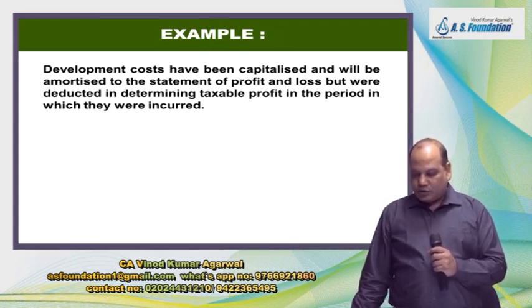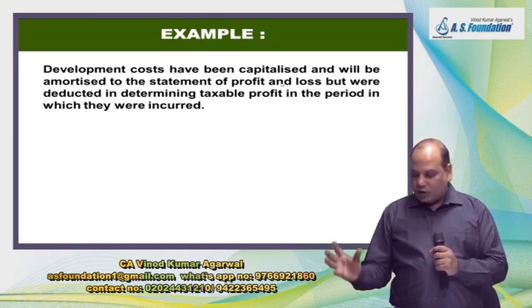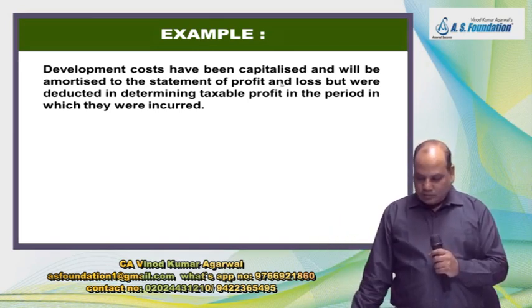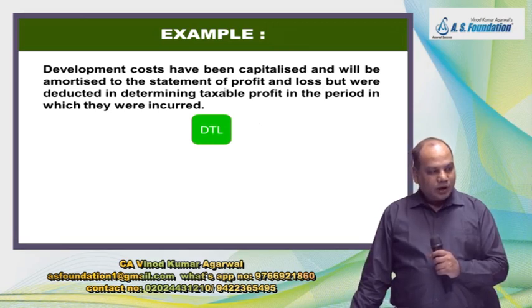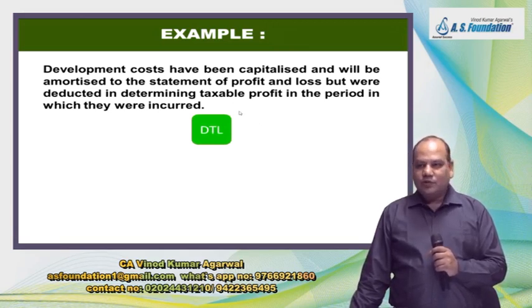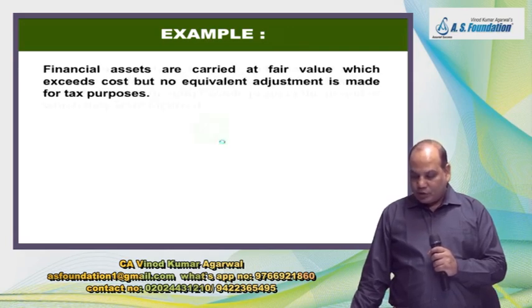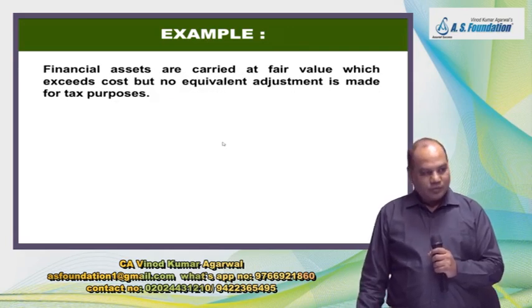So development costs have been capitalized, so it has some positive carrying amount, but they have already been written off for tax purpose. So tax base is how much? 0. Amount that will be deductible in future is 0. So carrying amount is positive, tax base is 0. So difference will be DTL. You will not get any tax benefit in future.